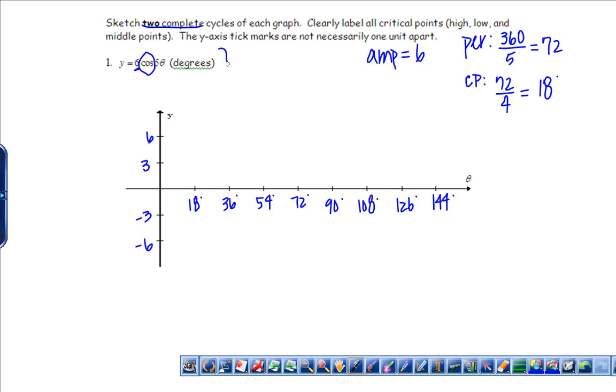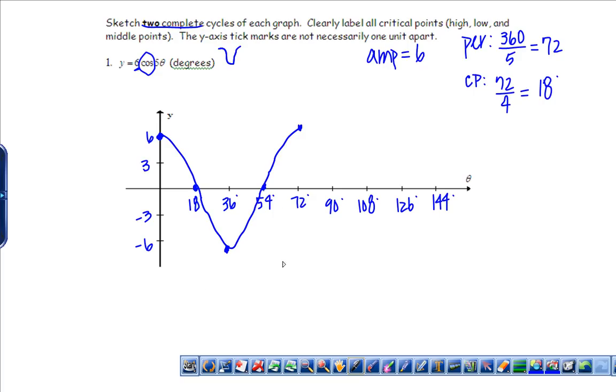So cosine looked like that. So I know that my first point at 0 is going to be at the top. Then I'm going to go to the middle and then to the bottom, back to the middle, and back to the top. So I have a full function that ends, that wasn't very curvy, at 72 degrees.